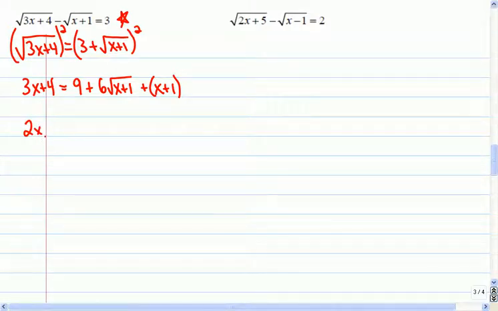Let's see here. So 2x minus 6 equals 6 times 2x plus 1.